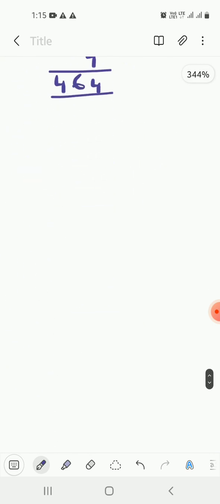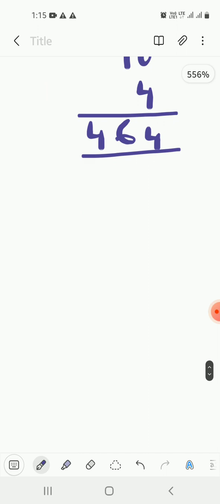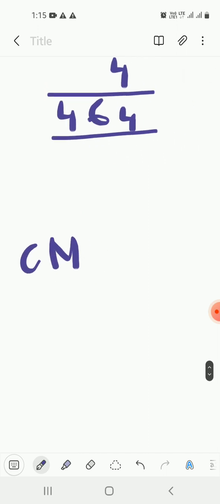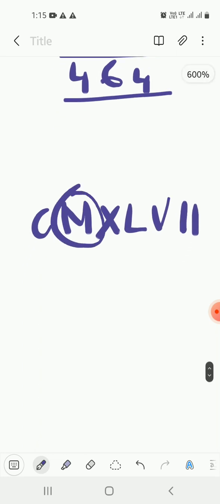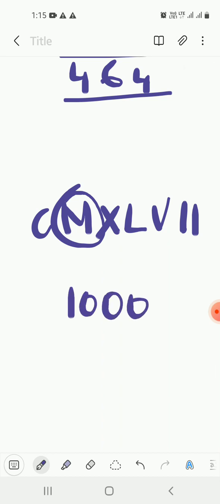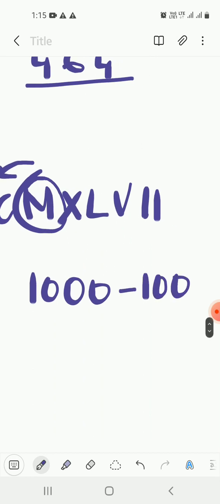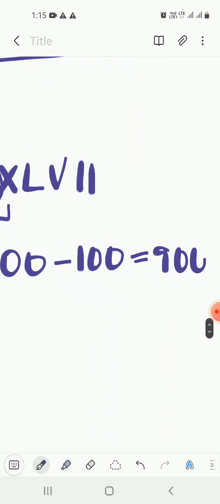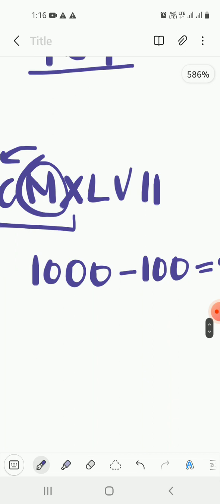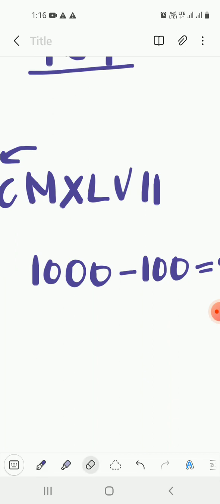Let's take another example. If we are given a number, for an example, like MCXLVII, over here spot the biggest number, that is M. So this is 1000. What is written to the left of the number? C, that is 100. So deduct 100. So over here CM together means 900. Now see what is written to the right of the number. To the right of the number we have got XL.